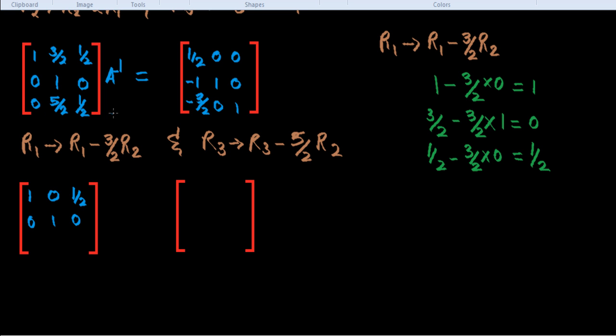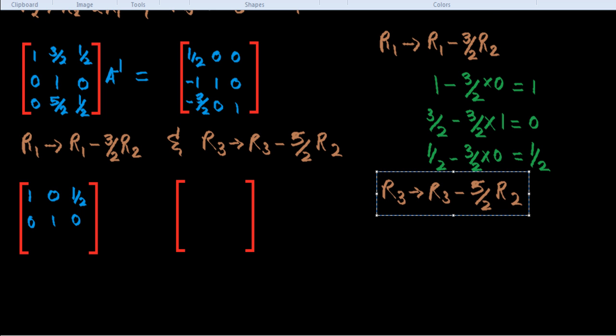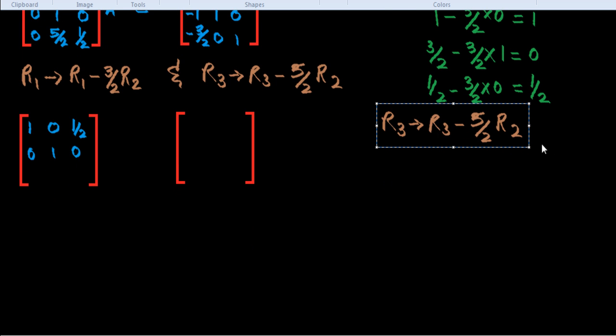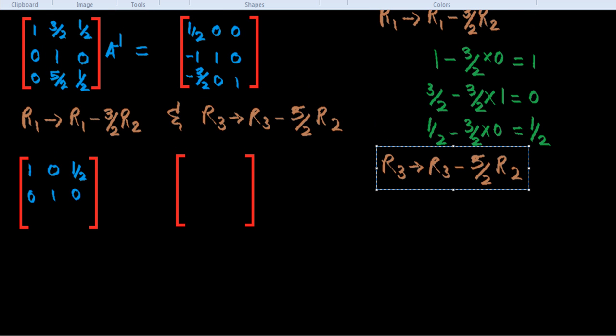Now in the third row we have R3 minus 5 by 2 R2. So R3 is here 0, it is 0 minus 5 by 2, R2 is also 0, so you get here 0.